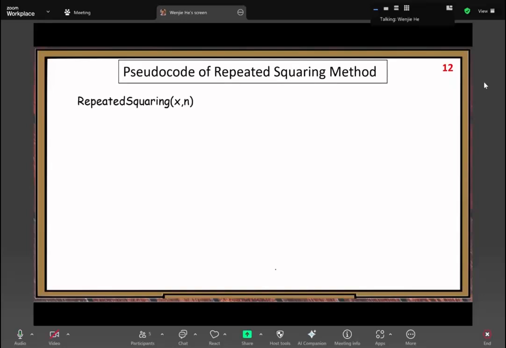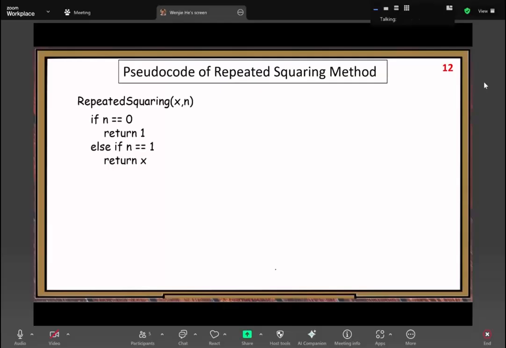First, we look at the simple base cases. We have 2 base cases. First one, n equals 0. X to the 0 is 1, so our function returns the value 1. Second base case, n equals 1. X to the first is x, so return x.